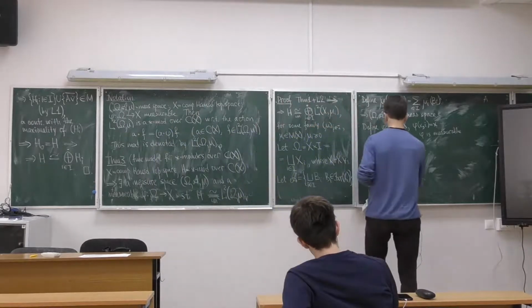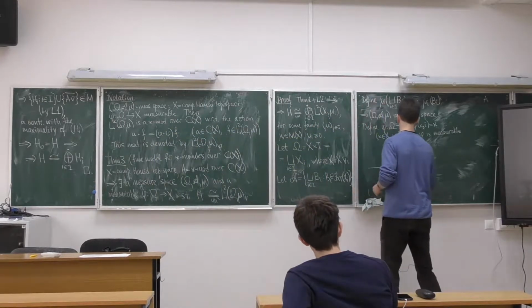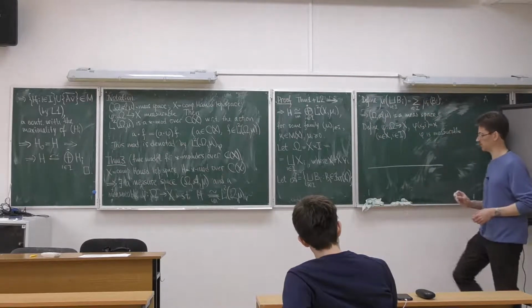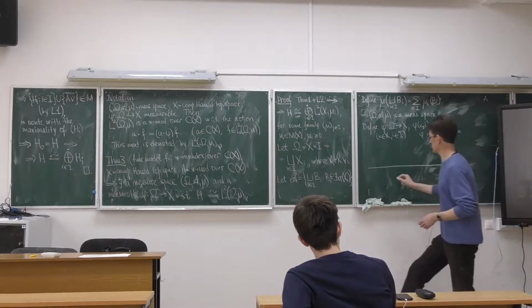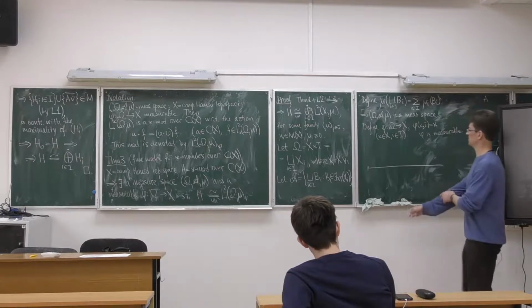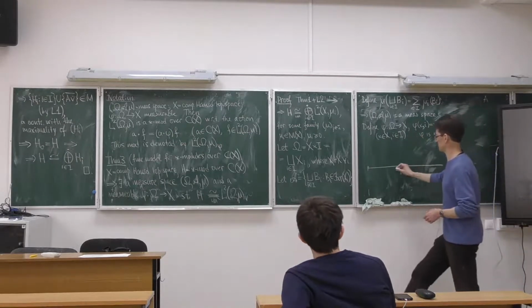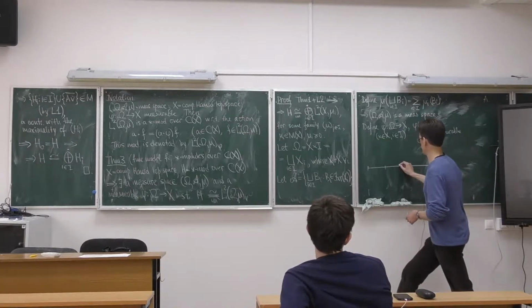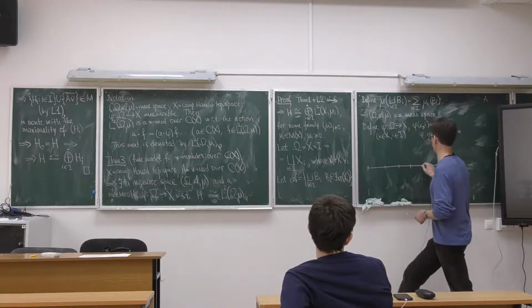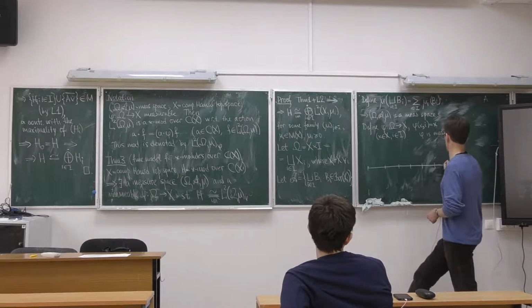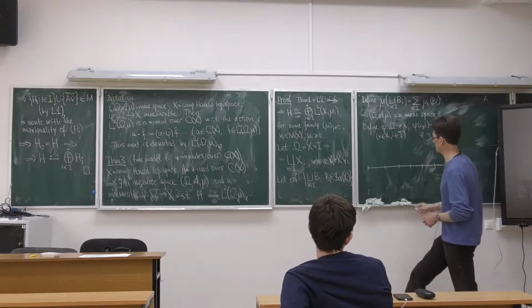By the way, here's a picture which is useful to keep in mind when we work with this object. Suppose, for example, that I is countable and X is just the unit interval of the real line. Then this is the picture which represents Omega. It consists of infinitely many intervals.